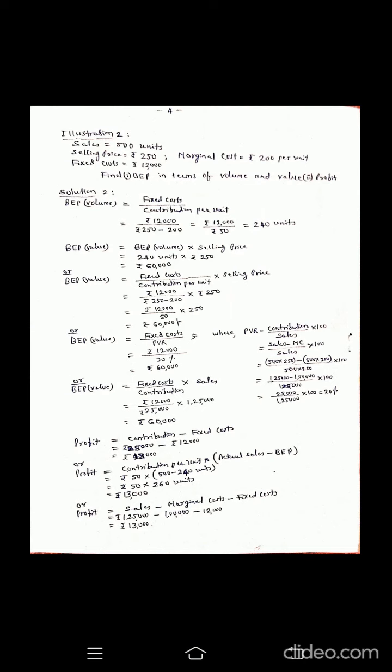It shows that whatever may be the formula applied, break-even point in terms of value cannot change. It means that depending upon the available information, we have to apply the relevant formula to obtain break-even point in terms of value.